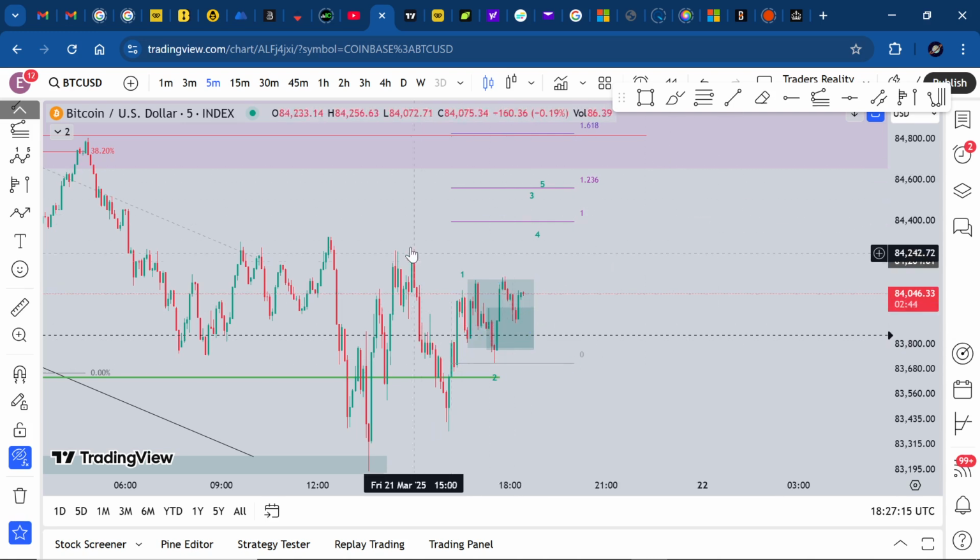Most of the time, longer than the time it takes to make the 2 wave, by about 4 times the time it takes to make the 2 wave.